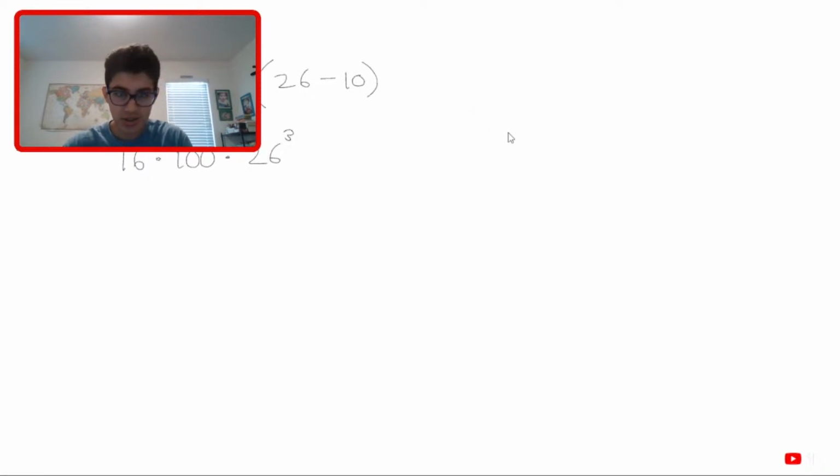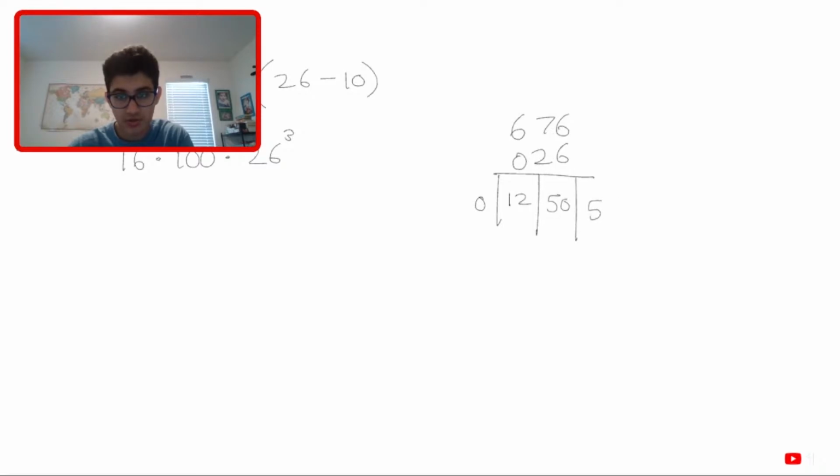Now, what is 26 cubed? It's 676 times 26, right? So I'll do it like this. When you multiply, this becomes a 0. This becomes 12. This becomes 36 plus 14, so 50.